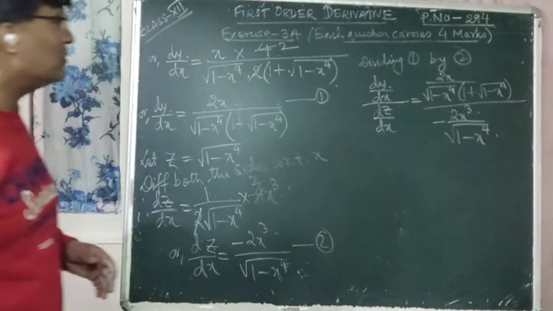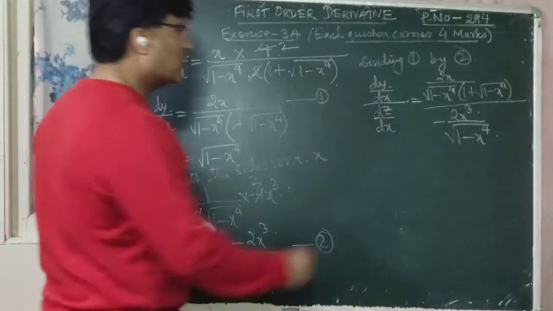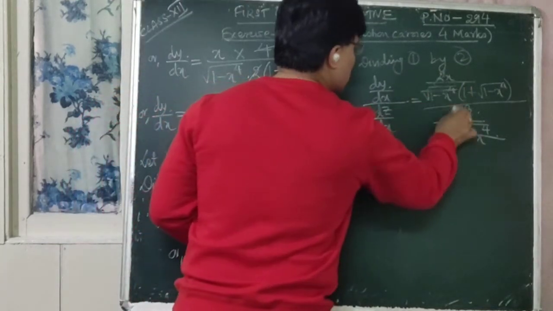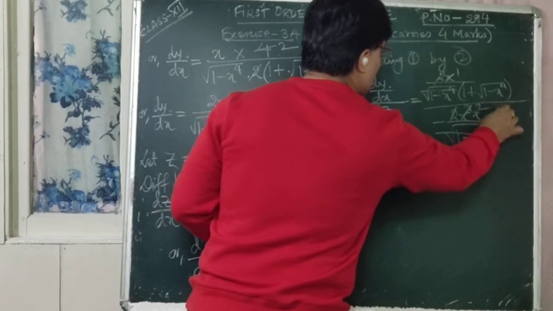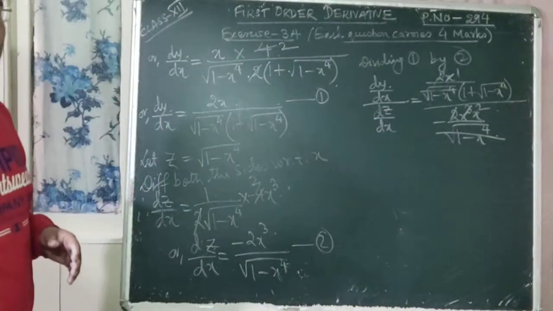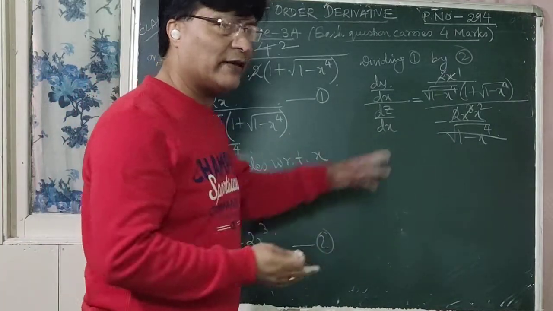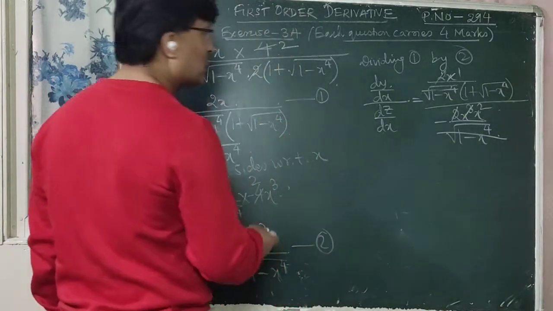Is that clear now? So you can cancel here. So what can you cancel here? Root over 1 minus x to the power 4 can be cancelled. This 2 will be cancelled, and x 1 x, it goes x square times. So if you divide x cube by x, you will have x square in the denominator. So let us write down the remaining terms.